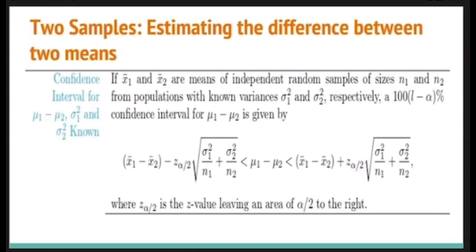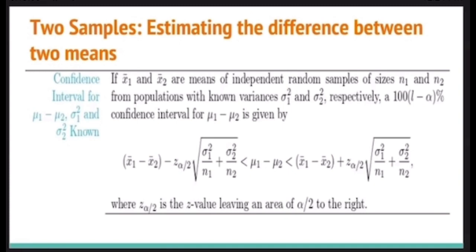Now, if I want to construct a confidence interval for the difference, I need to ask myself, do I have the knowledge of the population variance for Minnesota? Do I have the knowledge of the population variance for Wisconsin? This is what I mean here.